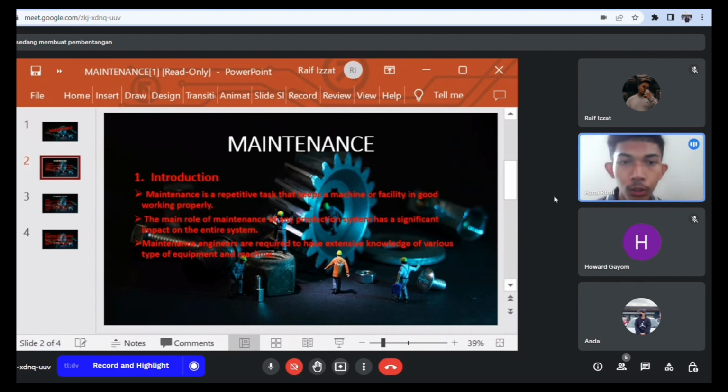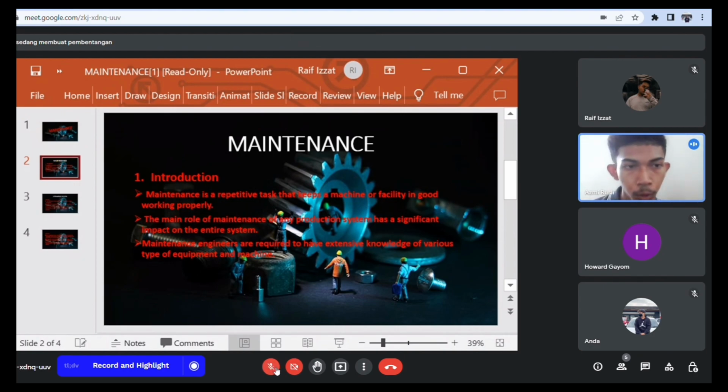For the introduction of this topic, maintenance is a repetitive task to ensure that the machine is working properly so that it can perform the desired performance without intentional or unintentional damage. Next, the main role of maintenance of any production system has a great impact on the entire system.